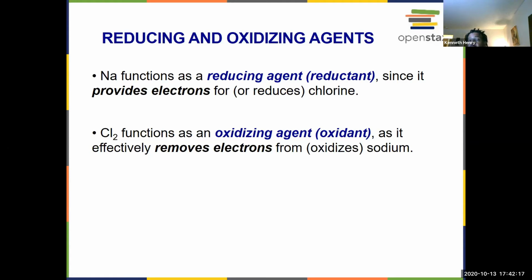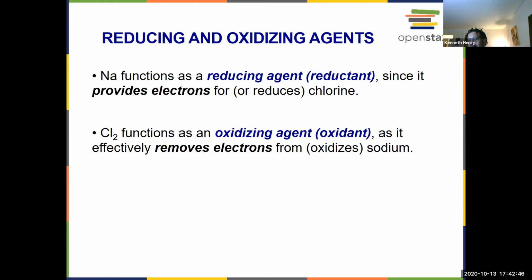And then the chlorine gas functions as an oxidizing reagent. It causes the other guy to lose electrons. Do you guys see that? Okay, so that's redox. Pretty simple.